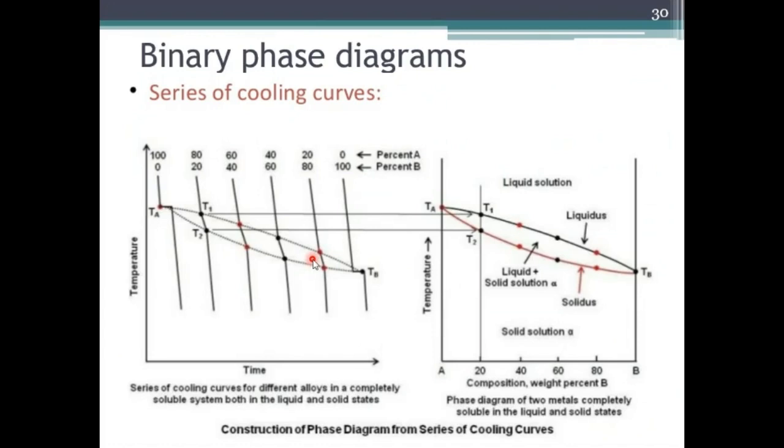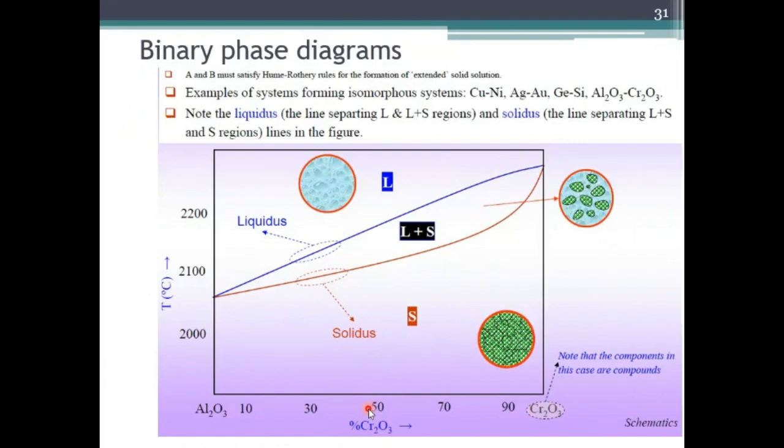Those points are connected to form an elliptical kind of structure, and in that region the material behaves like a solid plus liquid mixture. This is the phase diagram of two metals completely soluble in both the liquid and the solid state, a series of cooling curves for different alloys.